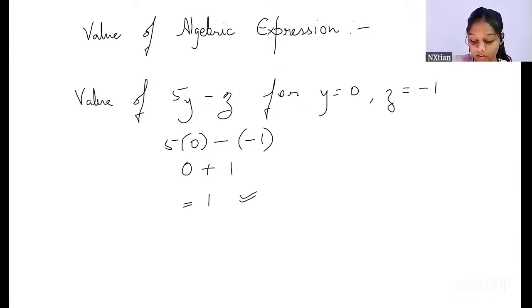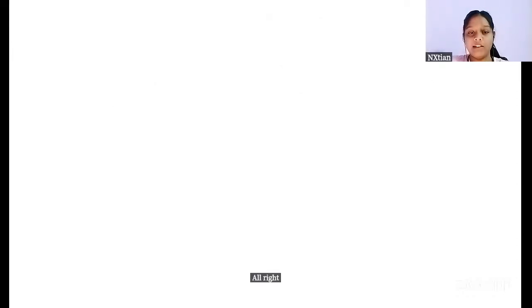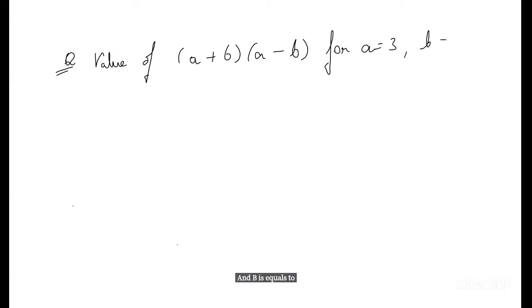Okay, all right. So let's try out one more. Value of a plus b, a minus b, for a equals 3 and b equals 2.